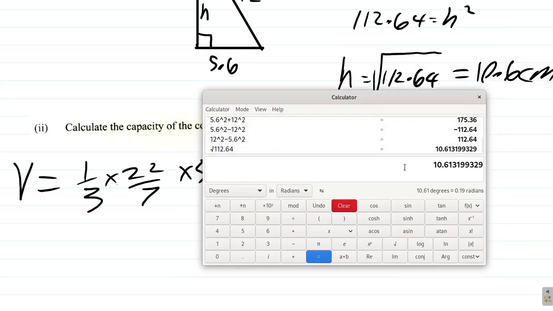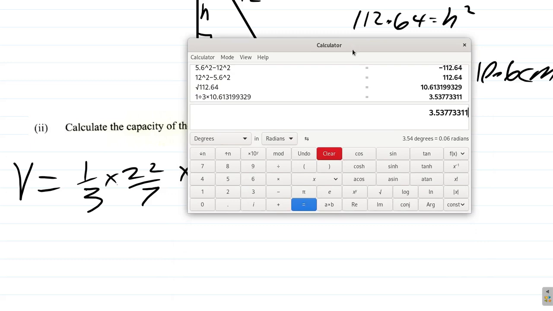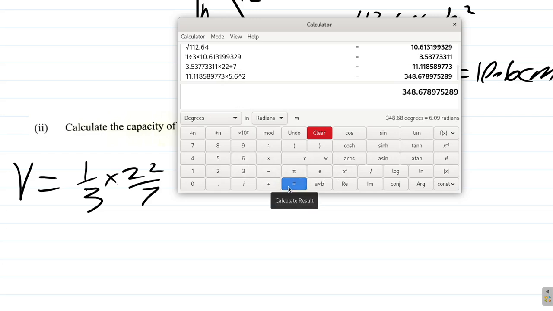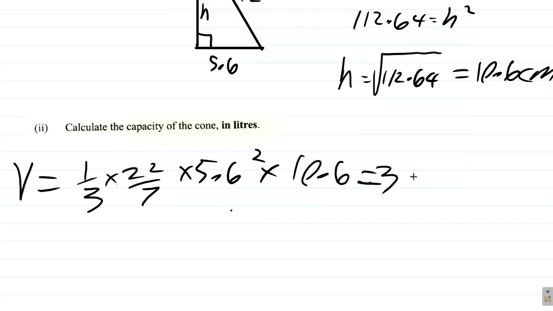So we're going to have 1/3 times 5.6 squared times 10.6 times 22/7 equals 348.7 cubic centimeters.